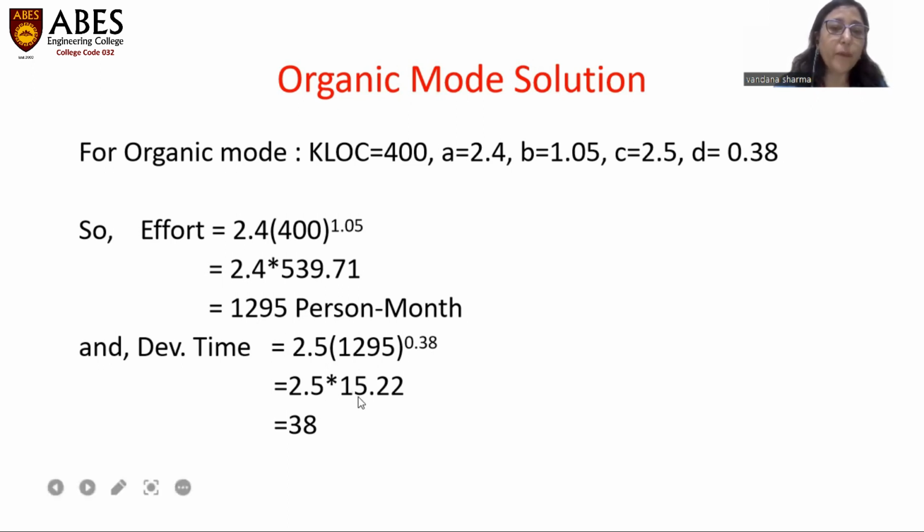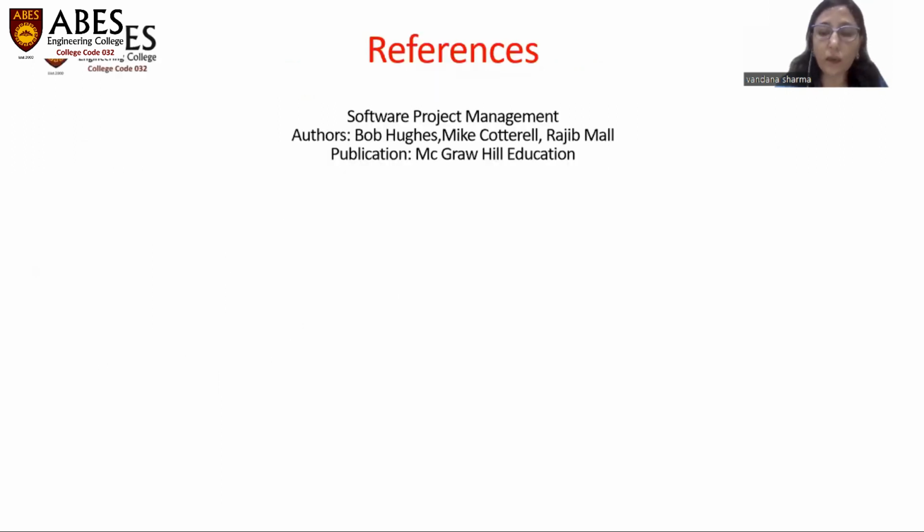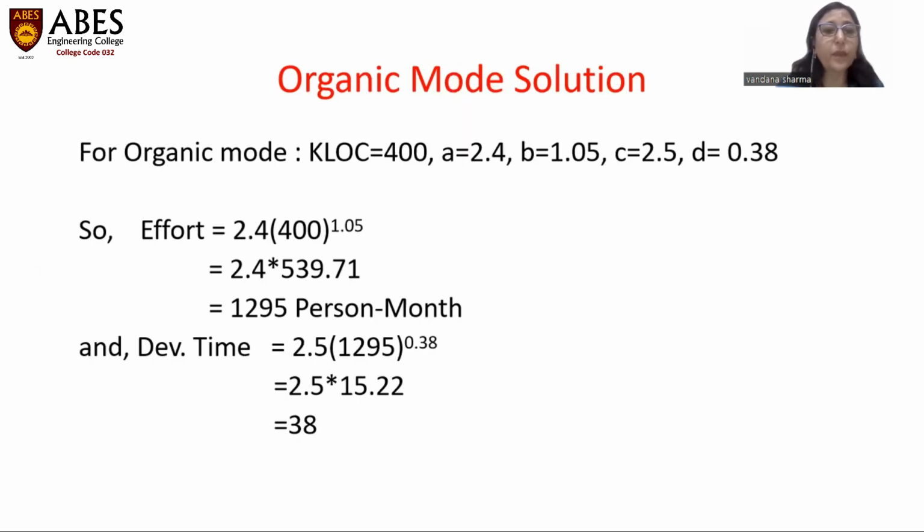After computing, we have got the result 38. As I already told you, the development time unit is months. So we require 38 months for this project. To write 4 million lines of code, we will require 38 months. This is the estimated time.